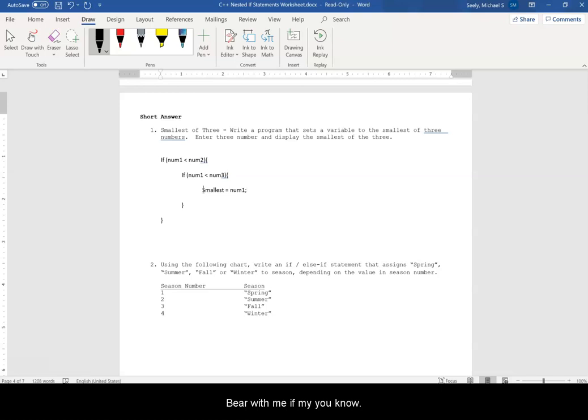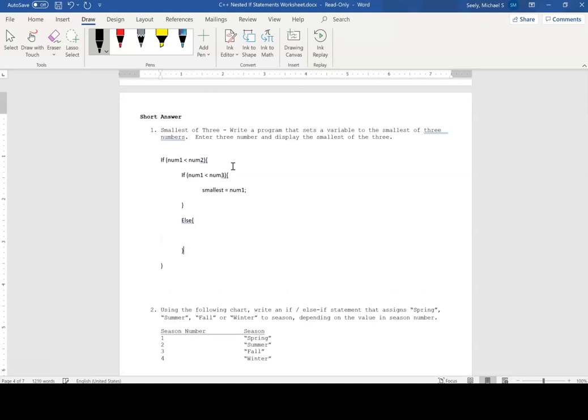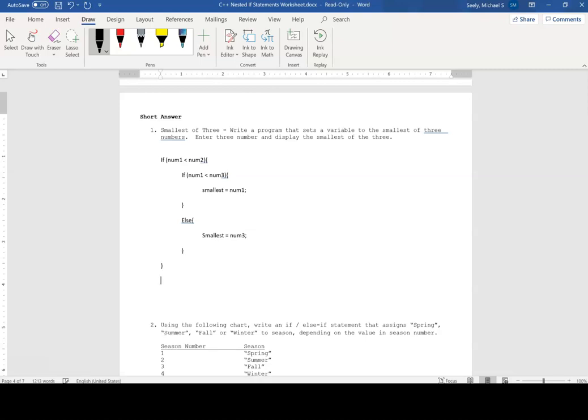Bear with me. Else if num2 is less than num3.